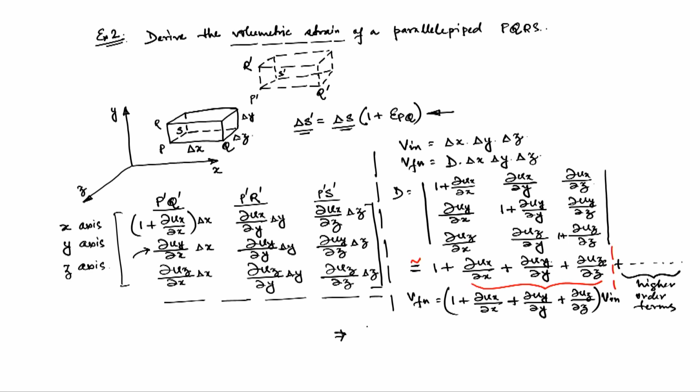Therefore, we have V final minus V initial divided by V initial, that is the volumetric strain, and these are nothing but the summation of all axial strains or normal strains.